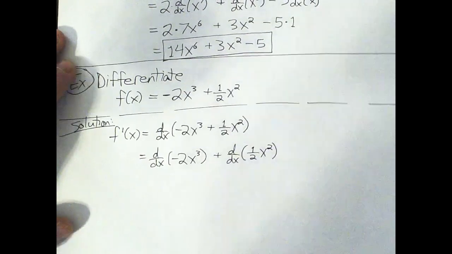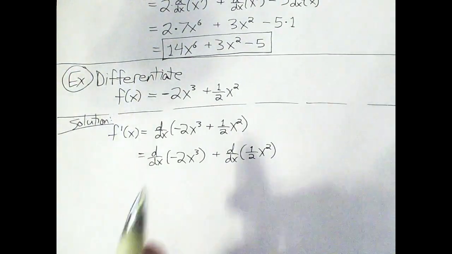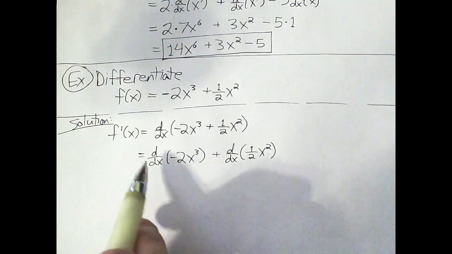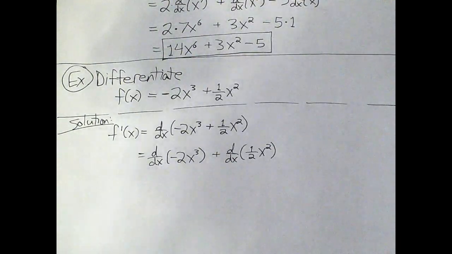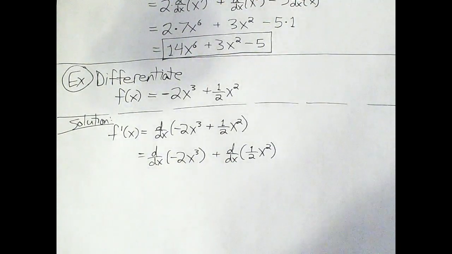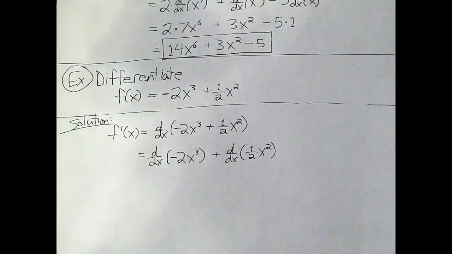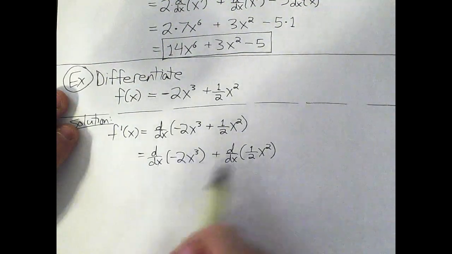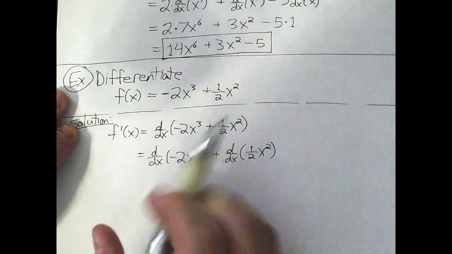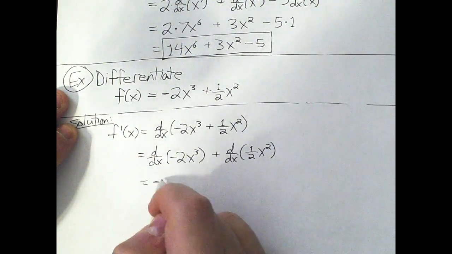Next, I'm going to pull out the constants. If you wanted to, you could pull out the constants at the same time that we just did that other step. I knew I was going to split this into 2 pieces. You could pull the -2 out then, if you wanted.